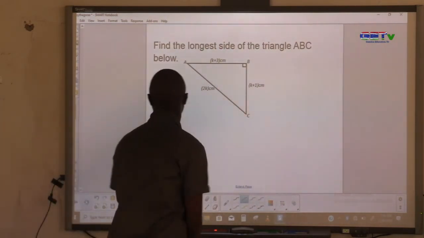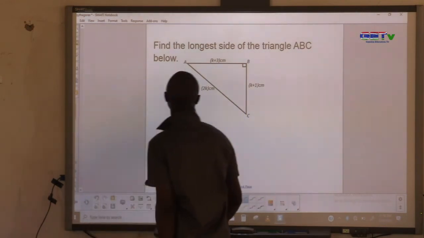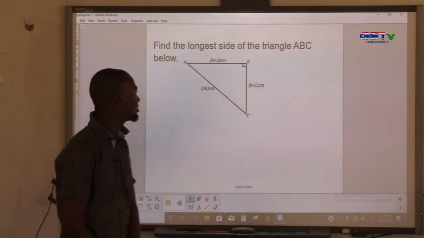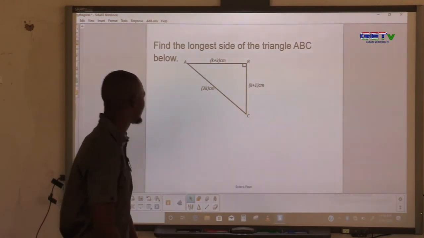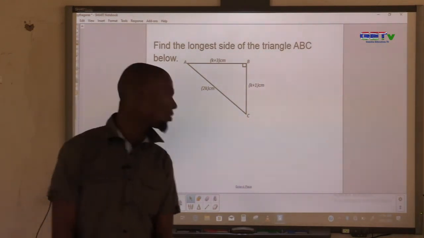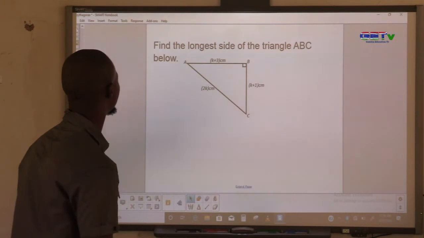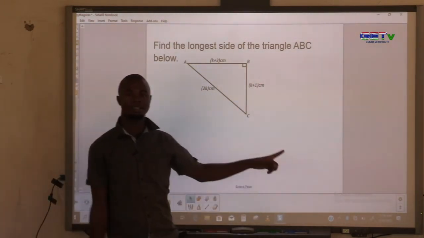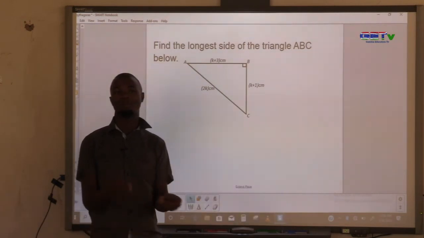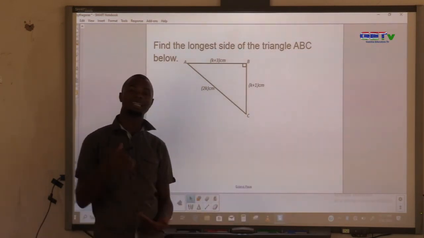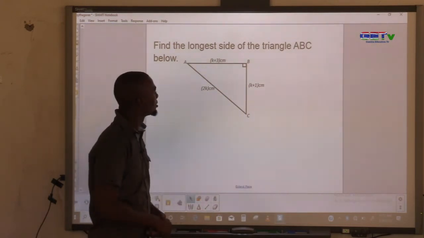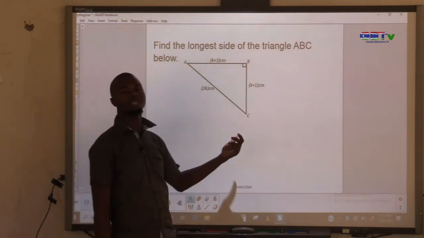We look at another question. The question says, find the longest side of the triangle ABC below. The longest side. What is the longest side? In the question, the longest side is AC, the hypotenuse, and that is C when you are referring to the Pythagoras theorem, because this is a right angle triangle.